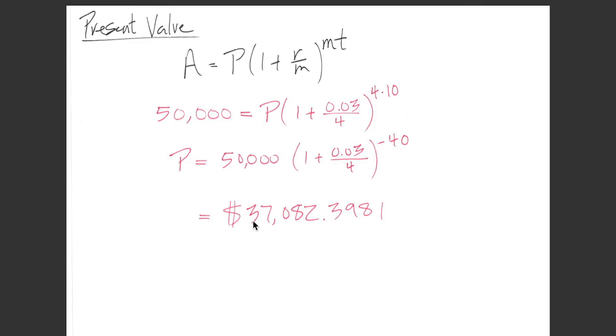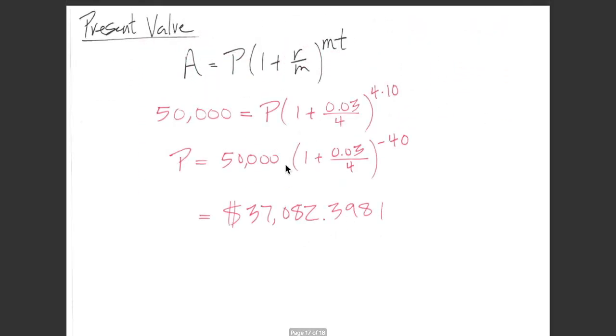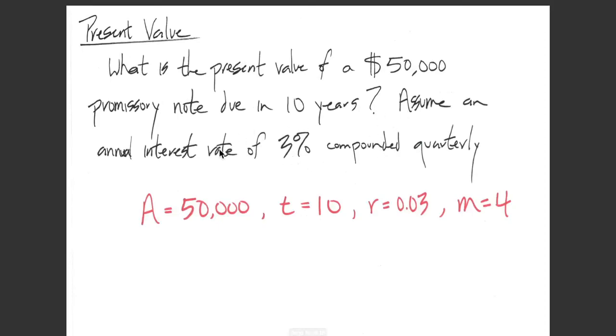And it winds up that present value is $37,082 and some change. So the present value of $50,000 10 years in the future is about $37,000, assuming an interest rate of 3% compounded quarterly.